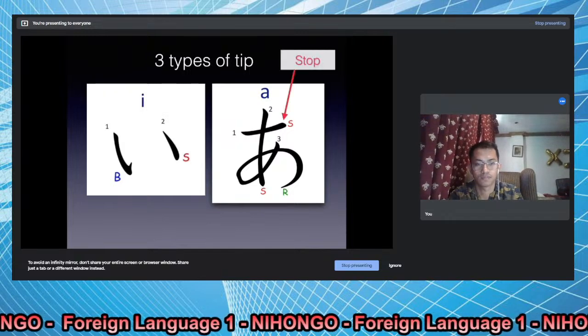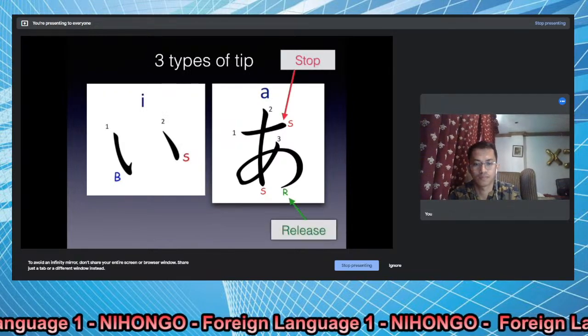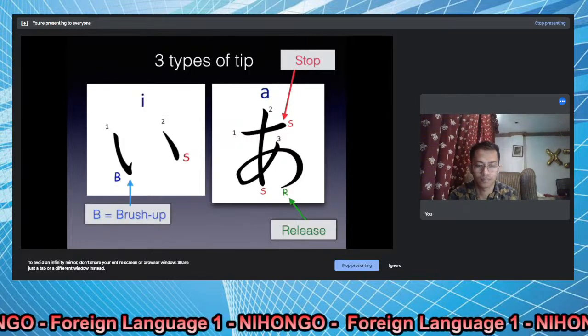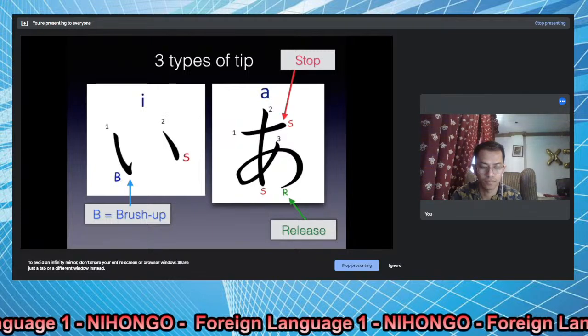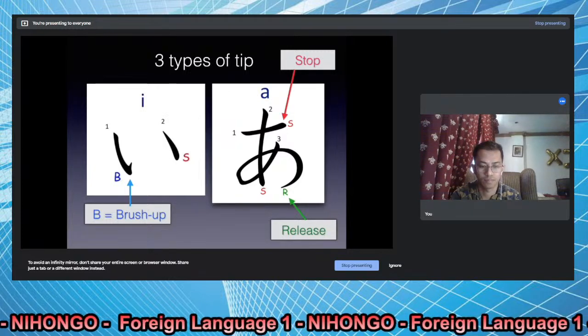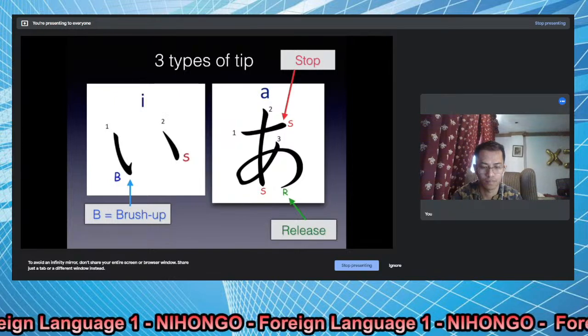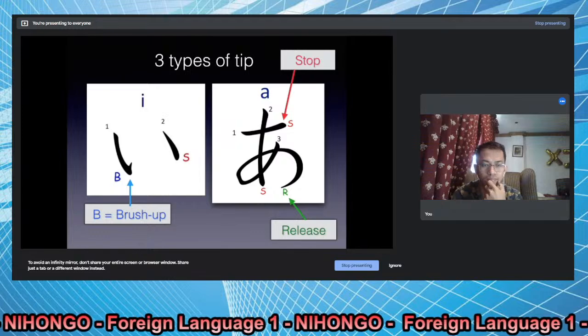The S here means stop. The R means release. And one more, B, means brush up. Please watch the video for hiragana a, i, u, e, o for more information about the 3 types of stroke endings in Japanese letters.